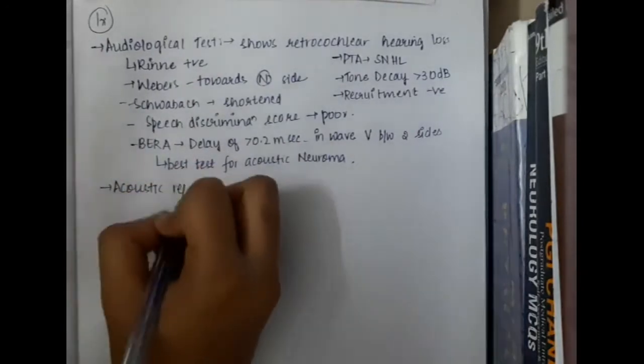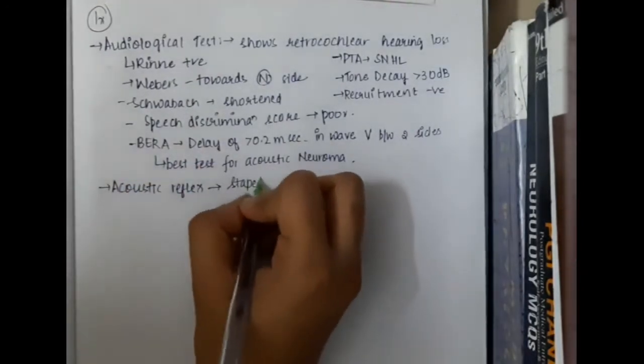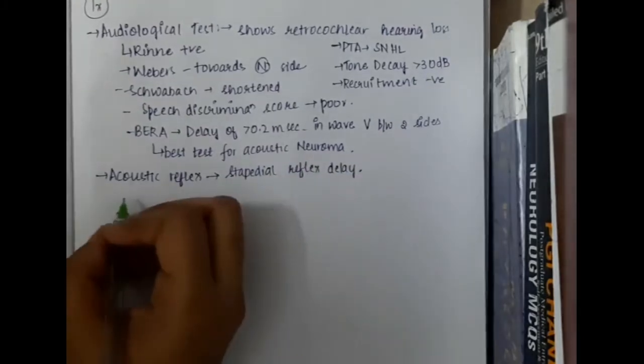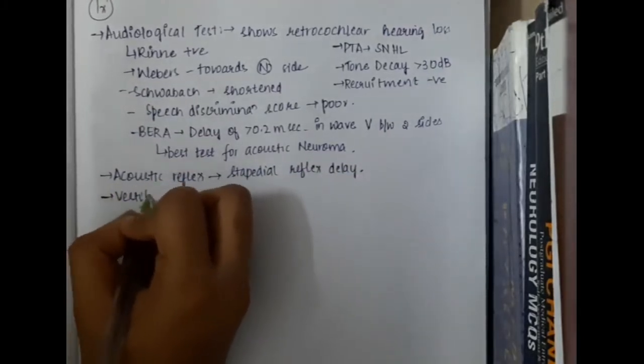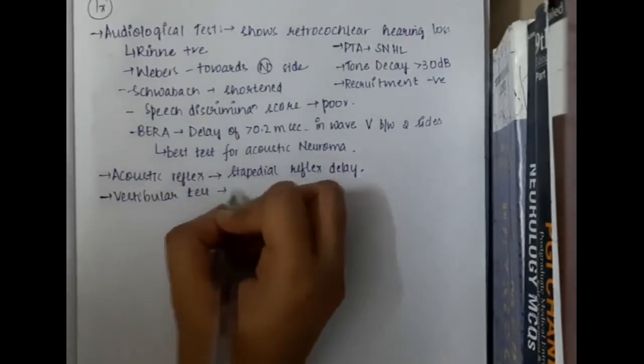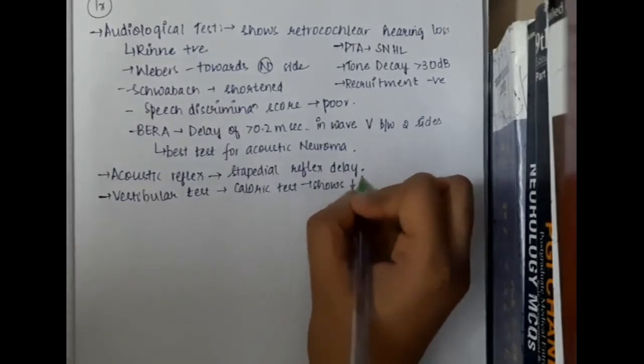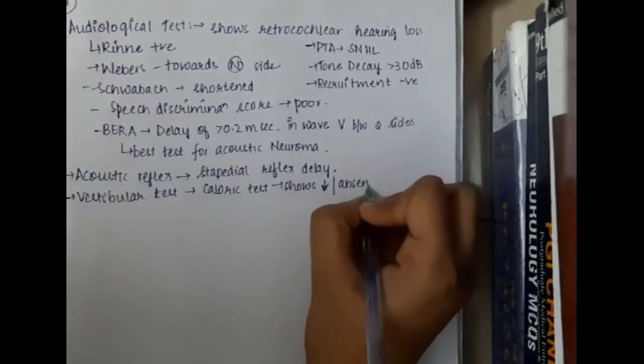Then we have to see the acoustic reflex, which shows stapedial reflex delay. Then we have the vestibular test, also called the caloric test. This test shows decreased or absent response.